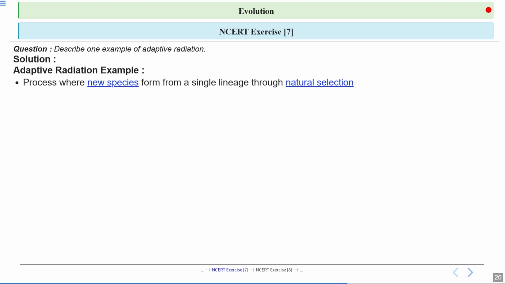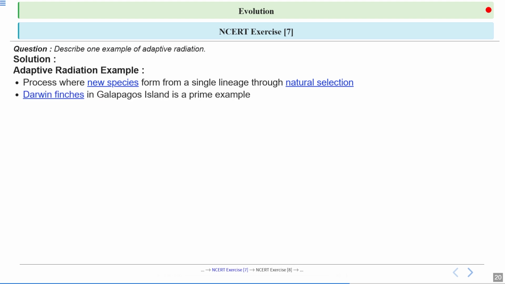Or we can say the formation of new species from a common ancestor through natural selection. Clear? So there is a common ancestor and the species are evolving from this common ancestor because they are adapting to a particular habitat.